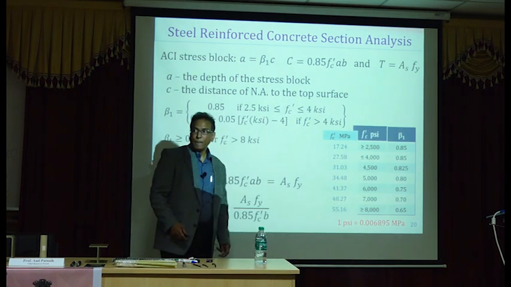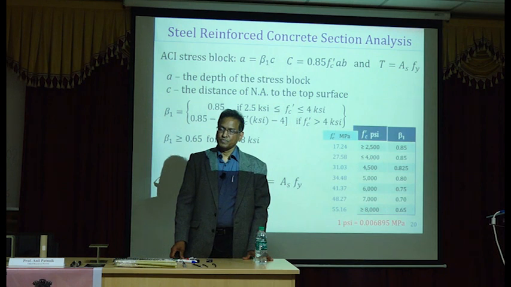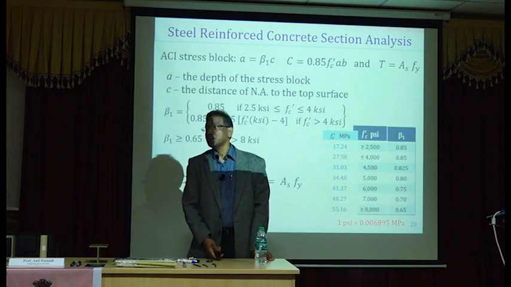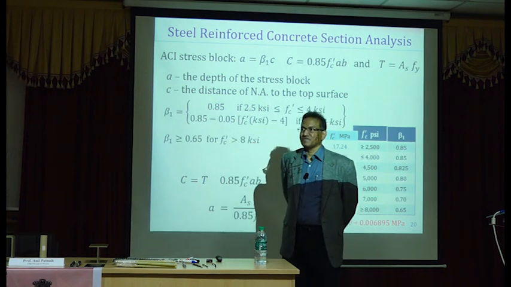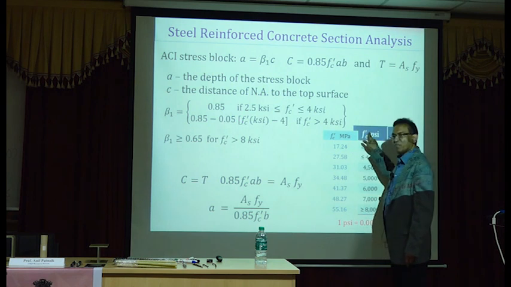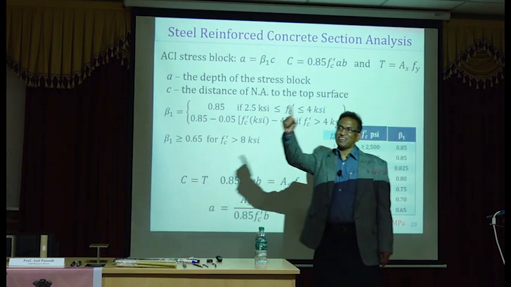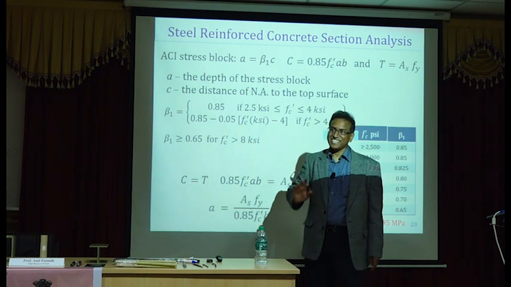Okay? But as per standard design, we are considering target strength is 26.6. No, target strength is different. Target strength is for batching, right? Quality control, exactly. So ACI, in addition to F prime C, there is additional margin for quality, yes.